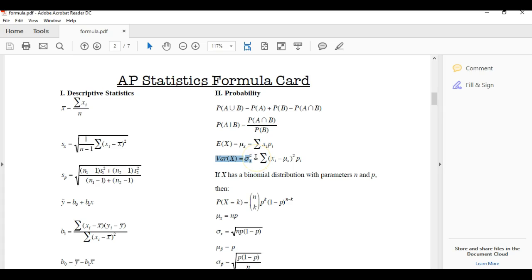I take the standard deviation, I take the square root of the sum of the observation minus mu of x. What's mu of x? It's your expected value. Square it times the probability of that observation. Continue the pattern. Plus the next observation minus the expected value, squared times the probability of that observation.